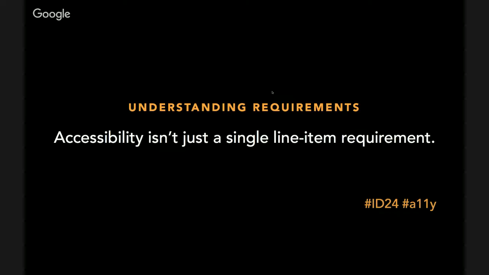So one of the other ways that we deal with bringing people into accessibility as a project manager and a product manager is to really understand the requirements that are in the project brief that we're working on.